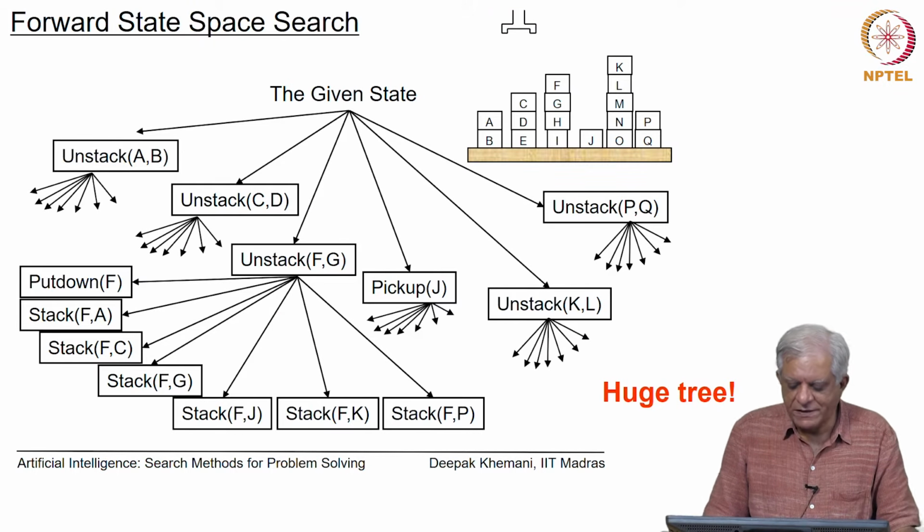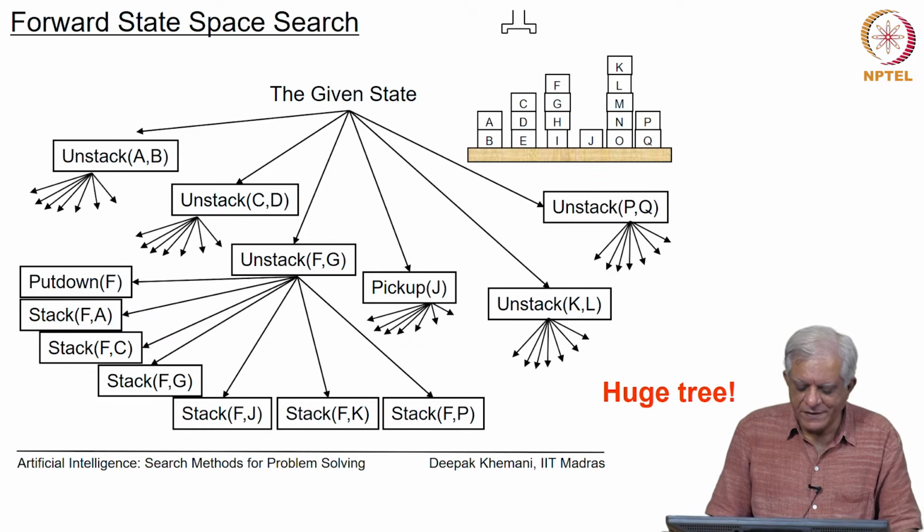As we had observed, in the initial state or the start state which is given to us, there are 6 possible actions. You can unstack A from B, you can unstack C from D, you can unstack F from G, and so on and so forth. For each of these actions, there may be 6 or 7 actions which are possible.